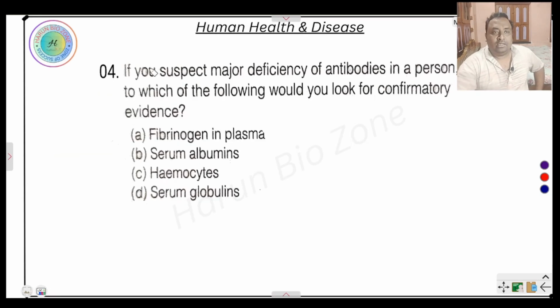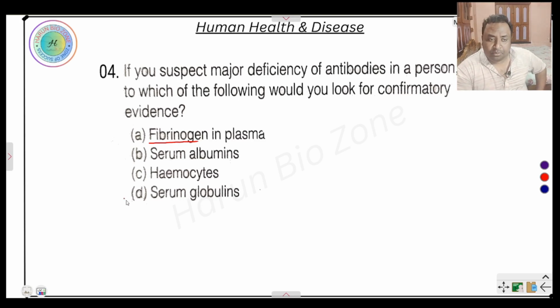Next question, if you suspect major deficiency of antibodies in a person, to which of the following would you look for confirmatory evidence? Fibrinogen in plasma. What is the function of fibrinogen? Fibrinogen helps in blood coagulation. Then serum albumin, hemocyte and serum globulin.